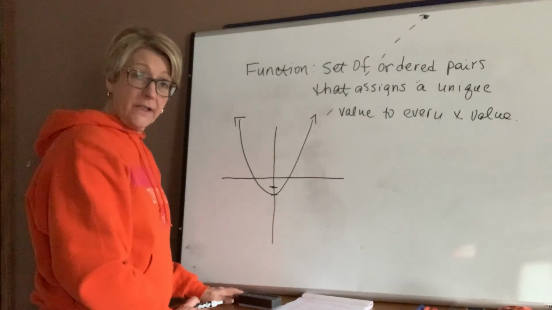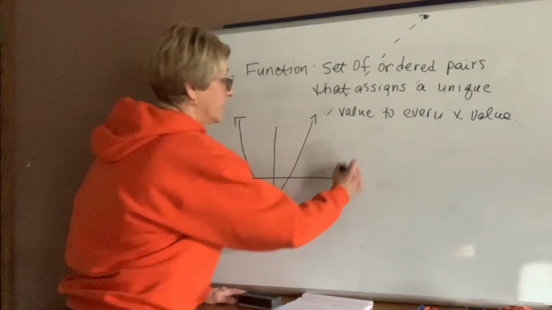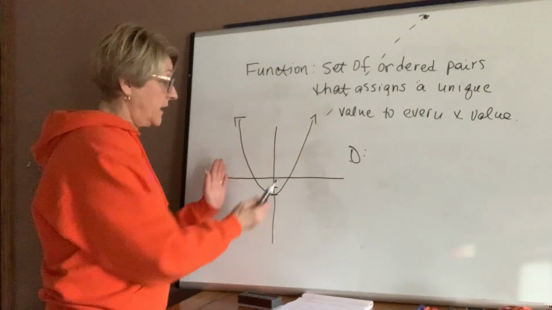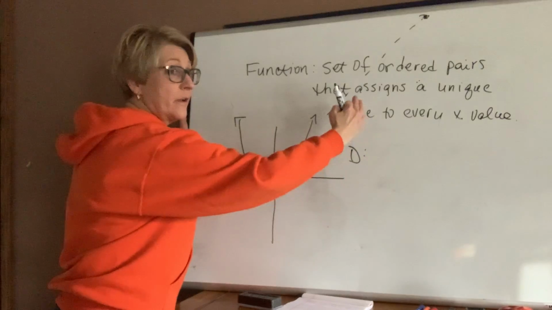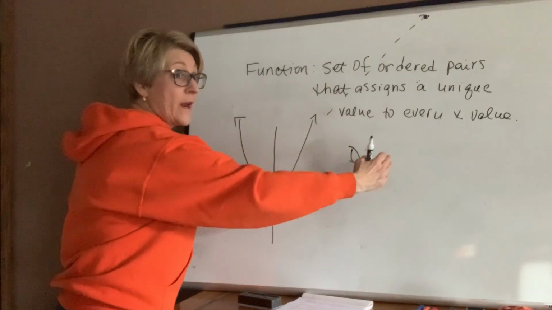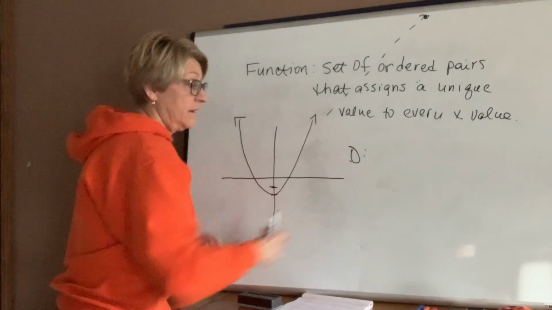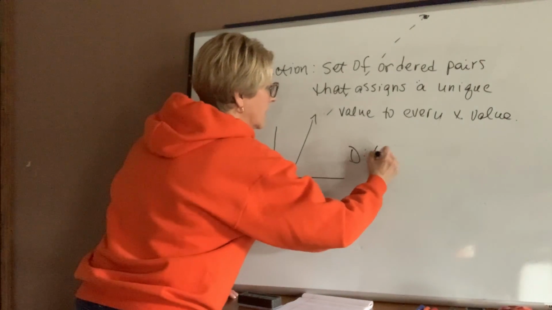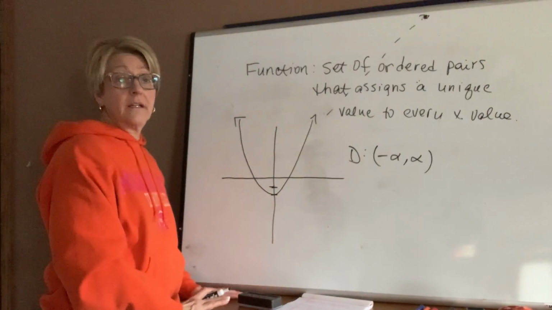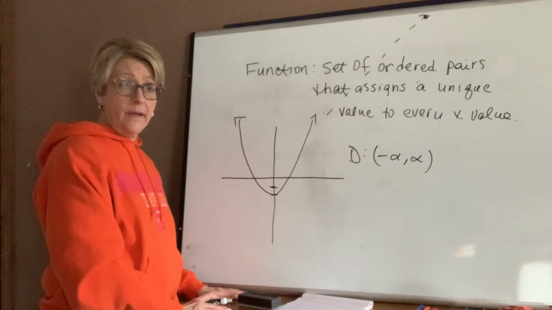Let's talk about the domain. Again, the nature of a parabola is it moves outward as it moves upward. So this is moving outward, outward, outward. Outward are the x's. So the domain is still infinite, okay?